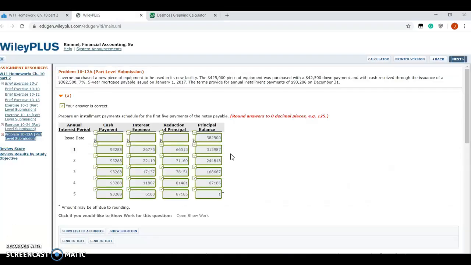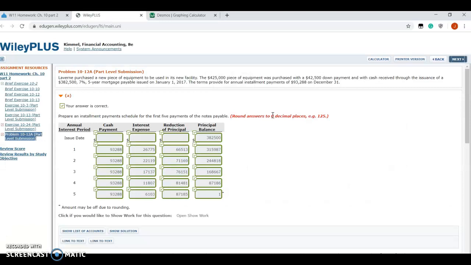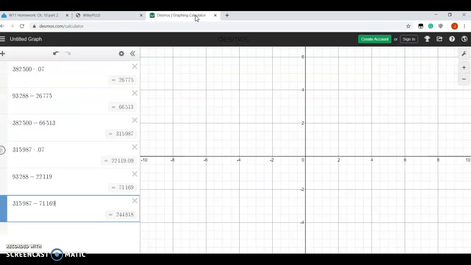Okay, then we're just going to keep this short. I'm going to do the second year and then do a little explaining, and then we're going to move on. Okay, so the second year, we're going to take that 315,987, multiply that by the 7% to give us that 22,119. That is going to give us a decimal here, but because it isn't significant, we're just going to truncate that as the question asks that we round to 0 decimals.